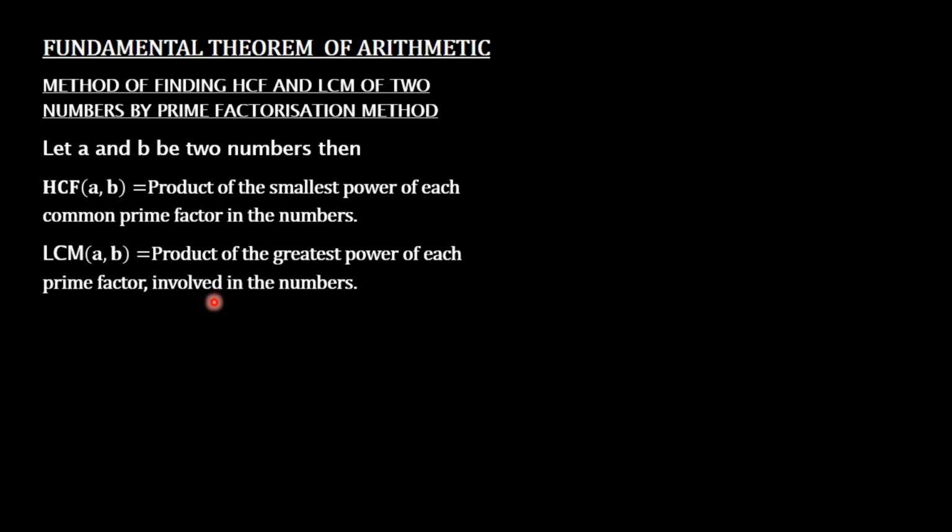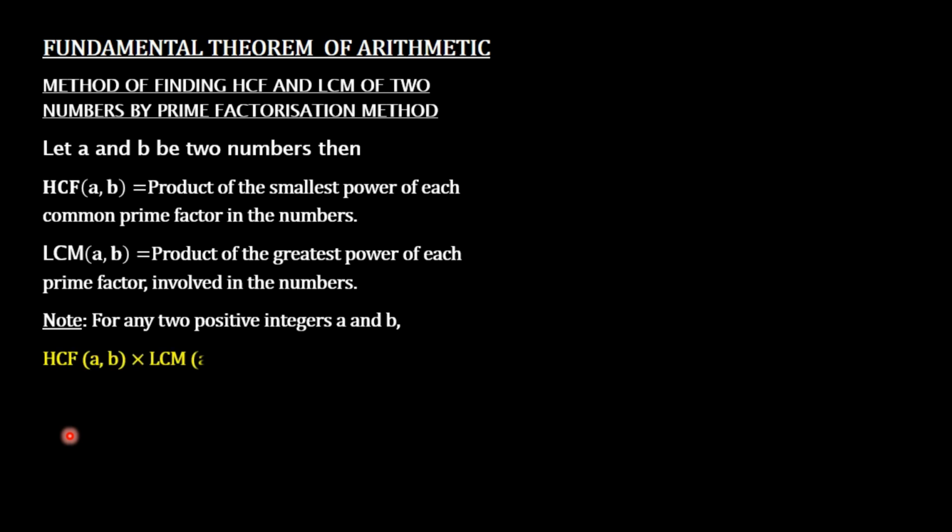Another result is that there is a connection between the HCF of A and B and the LCM of A and B, that is, HCF of A and B into LCM of A and B equals A into B. This is also a useful result to find the HCF and LCM. HCF is the highest common factor among them and LCM is the least common multiple.